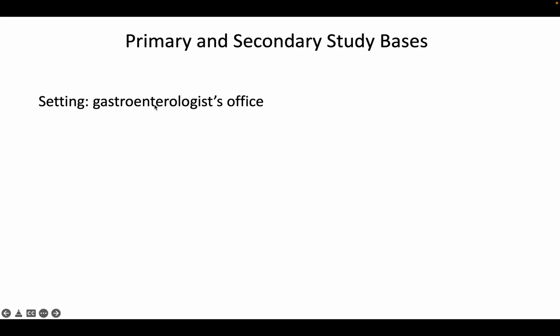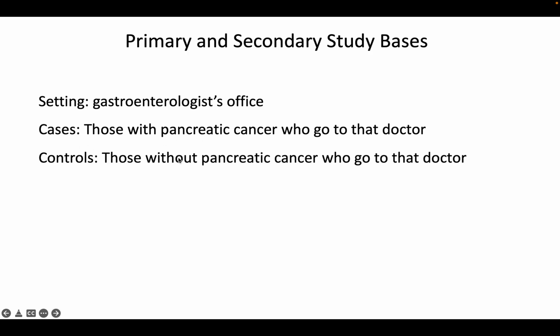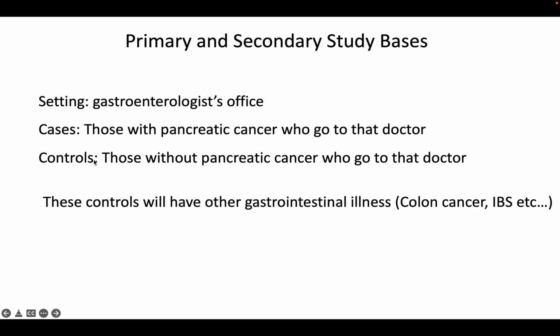There's some problems with that. Just continuing with that gastroenterologist example, if this is the setting where we're getting our cases and controls, and cases are those with pancreatic cancer, and controls are those without pancreatic cancer who go to that doctor, the choice of controls could have an influence on our odds ratio. Let's say the exposure is coffee consumption, and these controls are people who have other gastrointestinal illnesses, not pancreatic cancer.